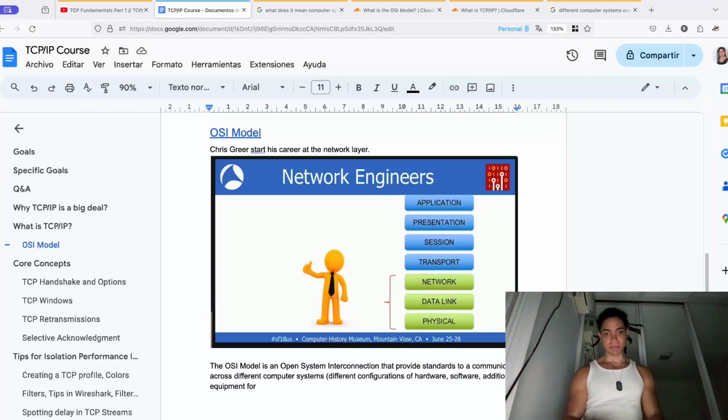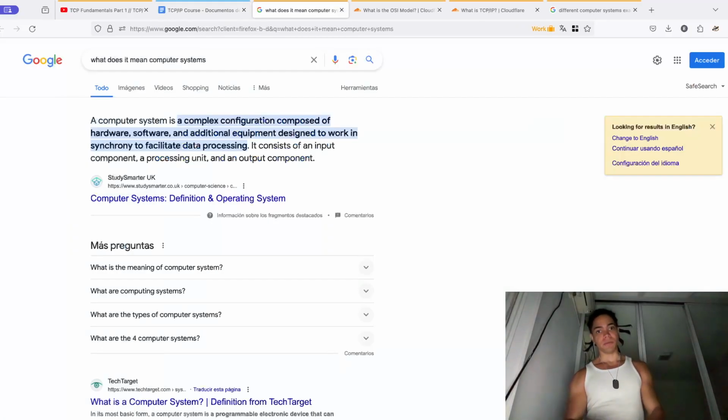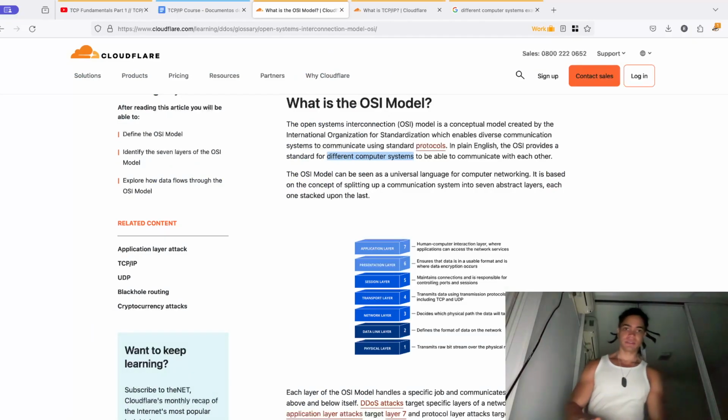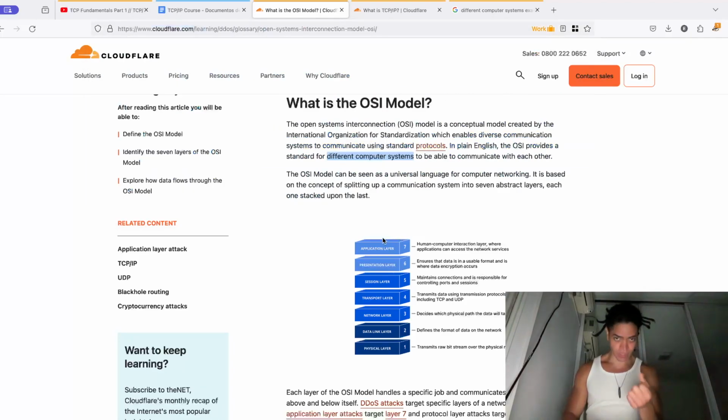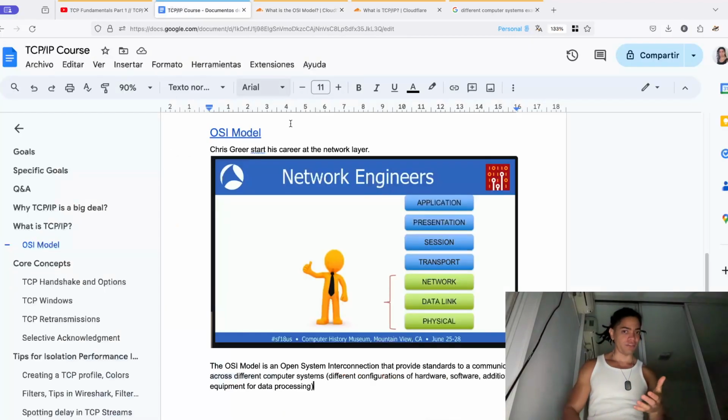For data processing in computing. That's the beauty of this. Once you start to understand these fundamentals genuinely, then you say, oh, okay, now it makes a lot of sense why we have this OSI model.